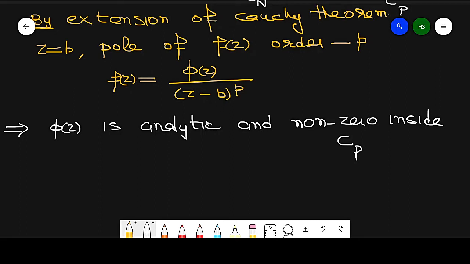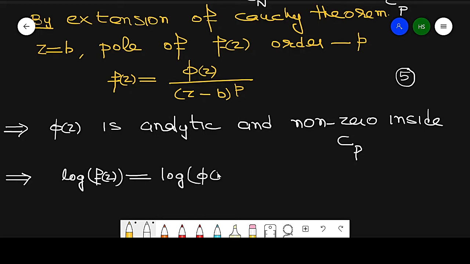Now taking logarithm on both sides, this is equation number 5. Taking logarithm, log of f of z is equal to log of phi of z minus p times log of z minus b.